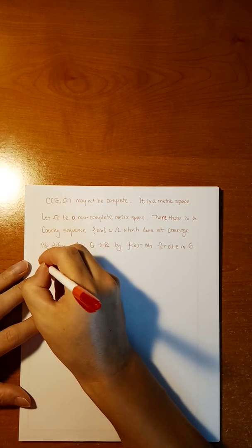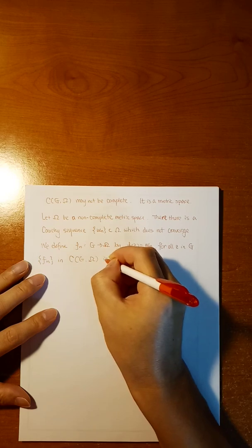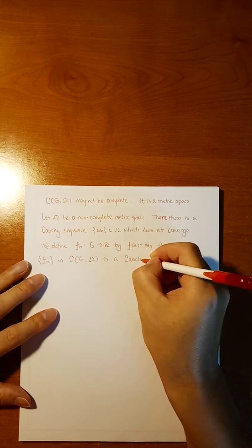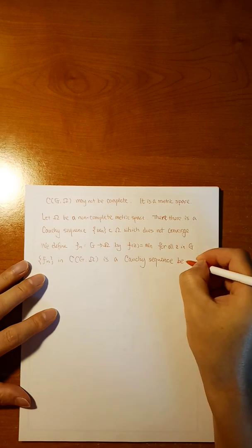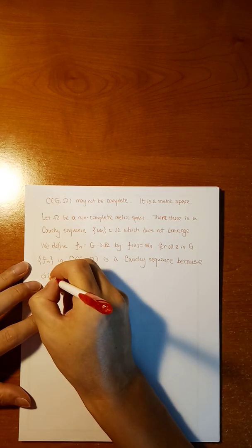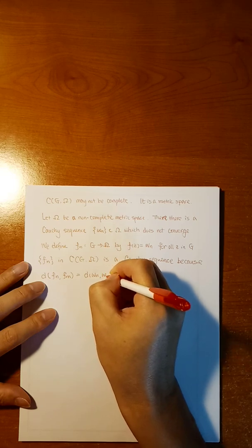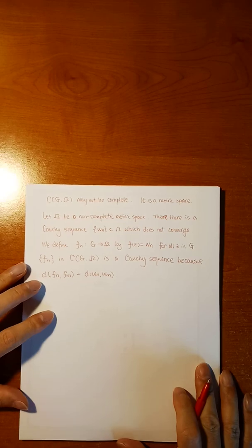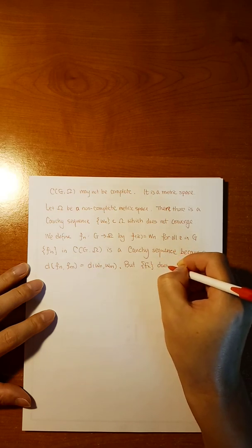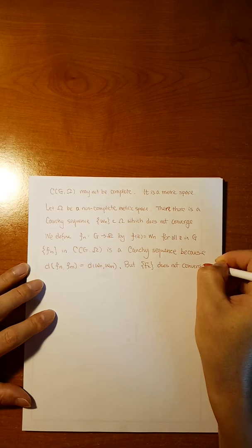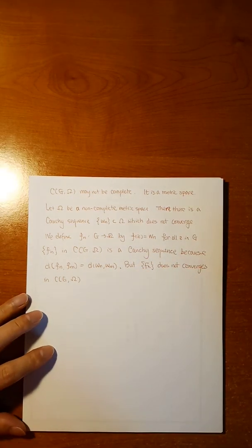Then f_n in C_G(Ω) is a Cauchy sequence, because the distance between f_n and f_m is equal to the distance between w_n and w_m. So f_n is a Cauchy sequence, but the sequence does not converge in C_G(Ω) because w_n has no limit point, right?